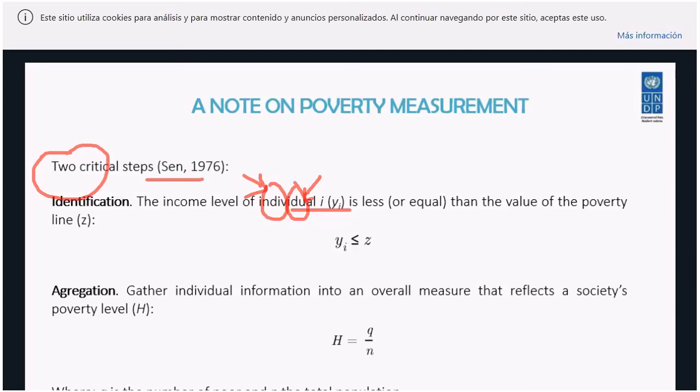So how can you evaluate whether the individuals within that household are poor or non-poor?